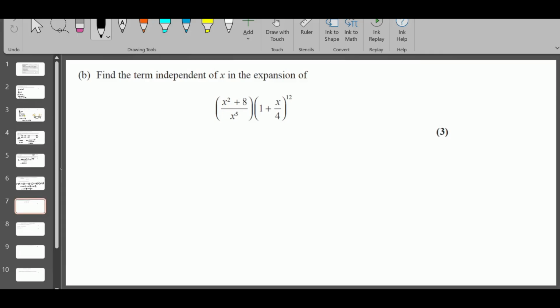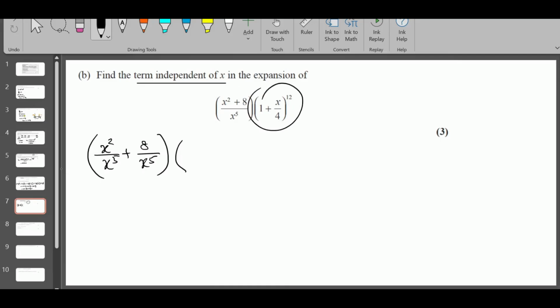Find the term independent of x, that means the constant term, the term without x in this expansion. Here I'm going to divide each of them by x power 5 separately. x square divided by x power 5, 8 over x power 5, times, write the binomial expansion here, 1 plus 3x plus 33 over 8 x square plus 55 over 16 x cubed.